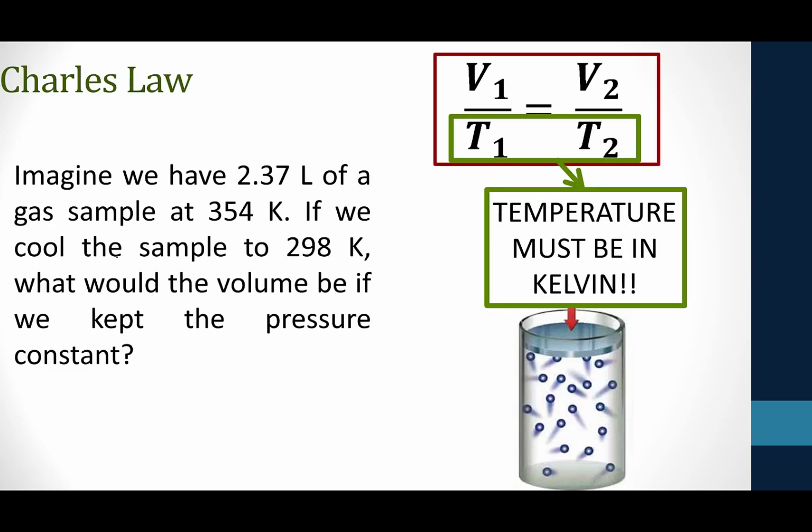I'm just going to get a little bit of room to work. The first thing I like to do is take inventory of what I have and be crystal clear on what it is that I'm trying to solve for. So clicking back to our problem, imagine we have 2.37 liters of a gas sample at 354 Kelvin.